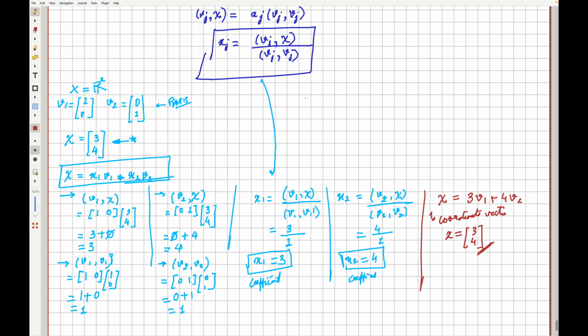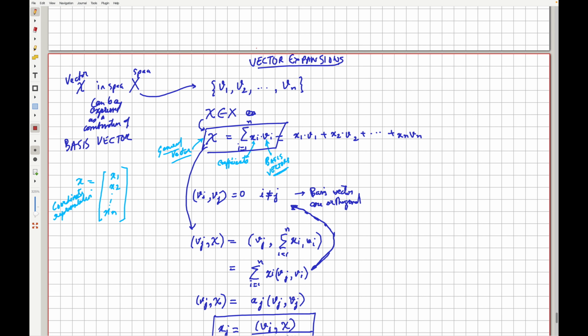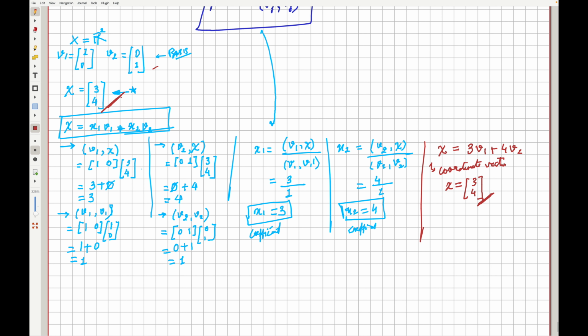This matches the original vector 3 4 that we had right here. So as we can see, if we have a new basis, then we need a new set of coefficients to get the same vector.